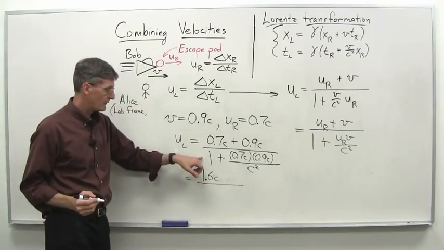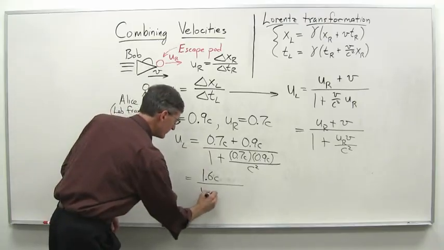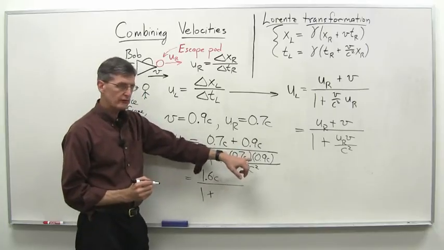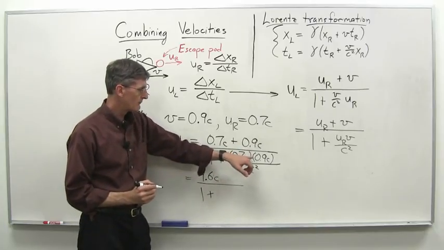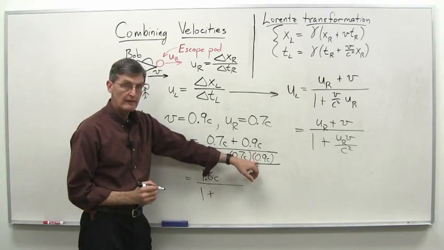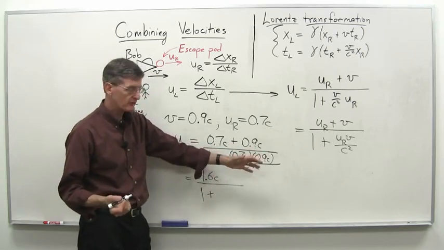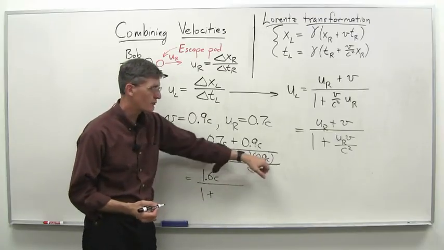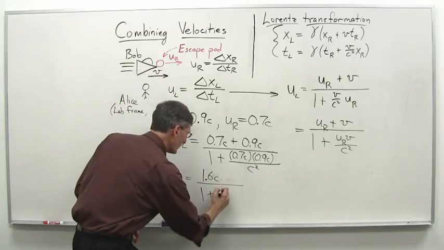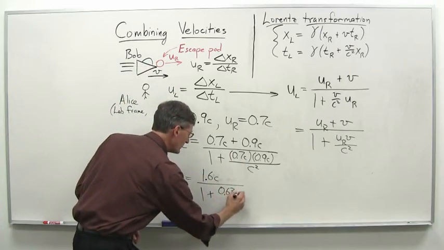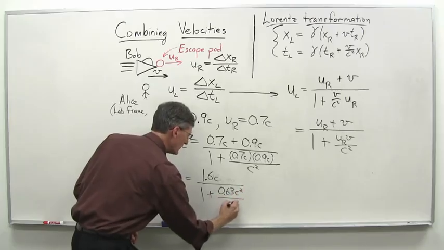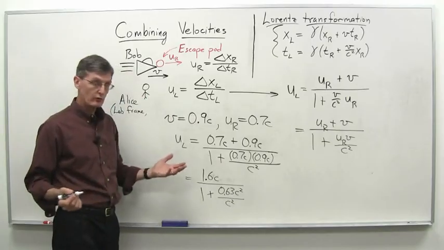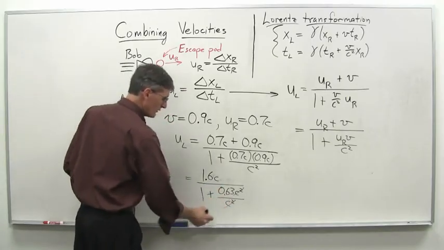What do we have on the bottom? We've got 1 plus 0.7 c times 0.9 c. So that's 0.7 times 0.9, it's going to be 0.63. 9 times 7 is 63, you get the decimals in there. And I've got a c squared there, so I get 0.63 c squared all over c squared. The c squareds cancel.